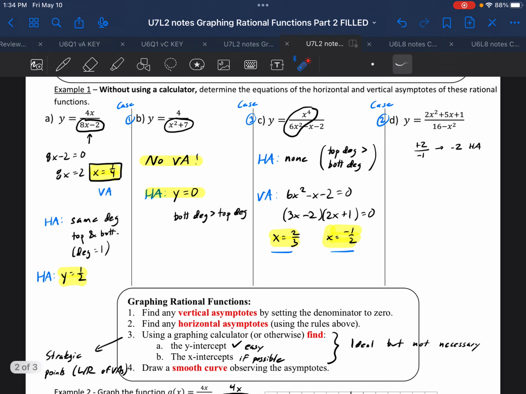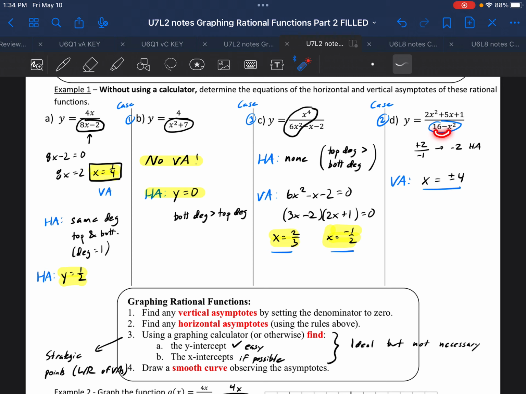Okay, last one, right? Well, for the vertical, we'll set this equal to 0. So for the vertical asymptote, and I'm just going to kind of speed up this process, that means x could be plus or minus 4, right?